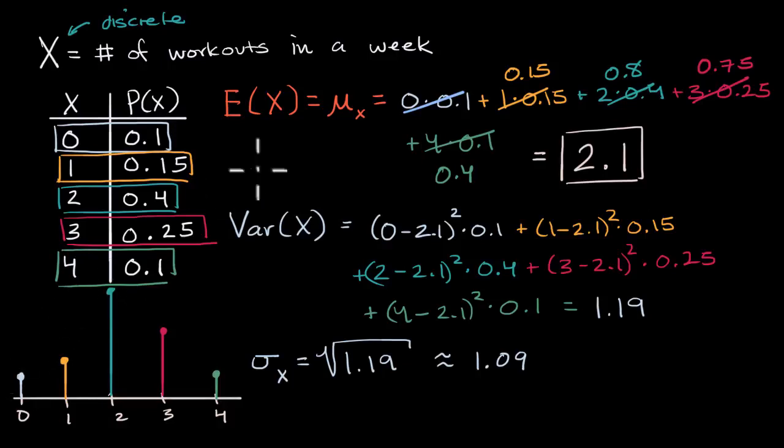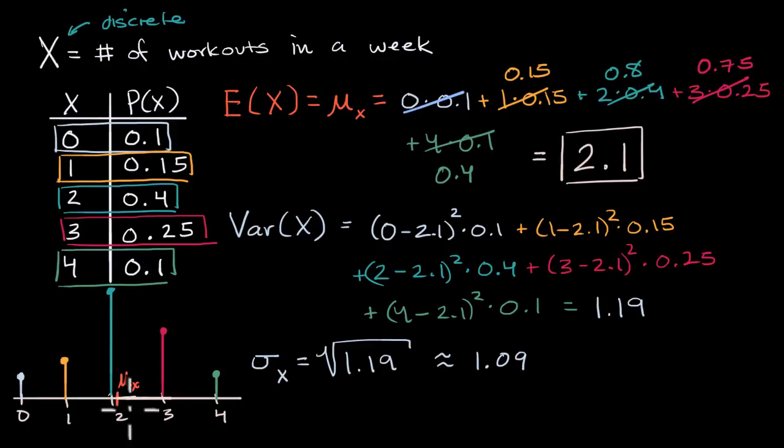And then we see that the mean is at 2.1, which makes sense. Even though this random variable only takes on integer values, you can have a mean that takes on a non-integer value. And then the standard deviation is 1.09.